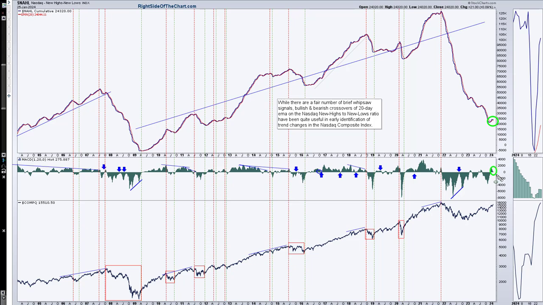So depending on where the market goes in the coming weeks and months, that will prove to be a whipsaw, just like that one and that one. And when you go back, you can see in a bear trend you have some whipsaws every now and then.